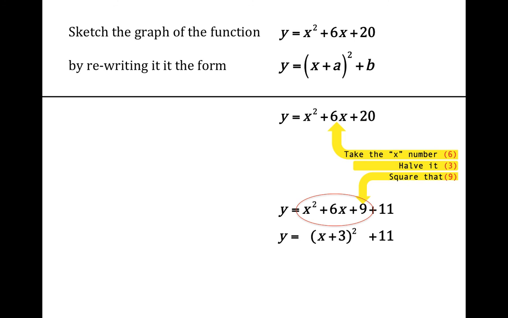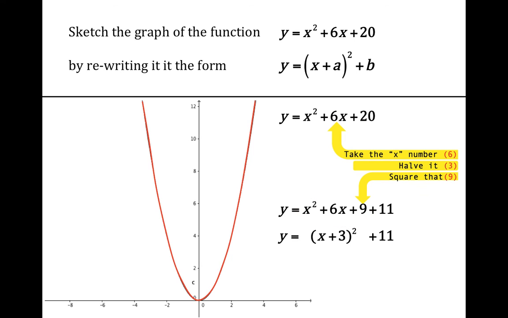Well, the point of that is that you can then take the basic graph of y equals x squared and apply some transformations to it. So if we started off with y equals x squared, then what would the graph of y equals x plus 3 squared look like? Well, as we saw before, that would have the effect of shifting it not to the right but actually to the left, so that it had a vertex at minus 3.